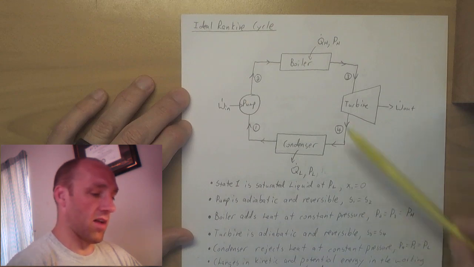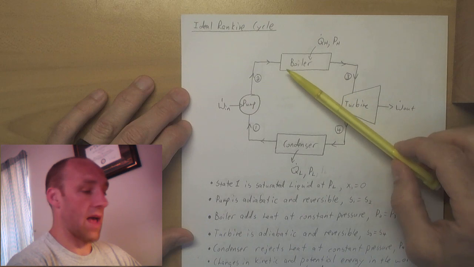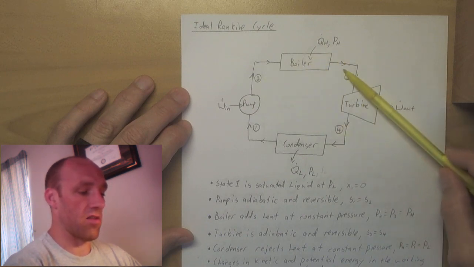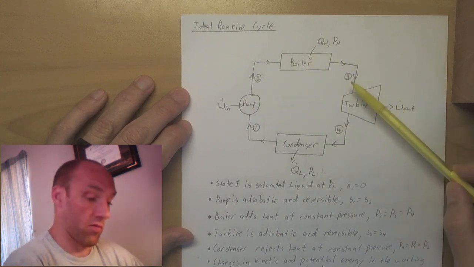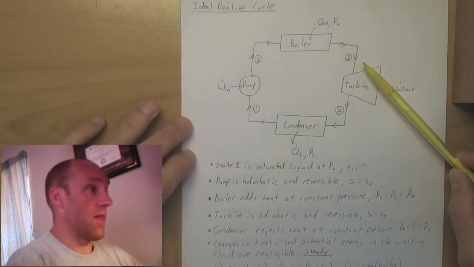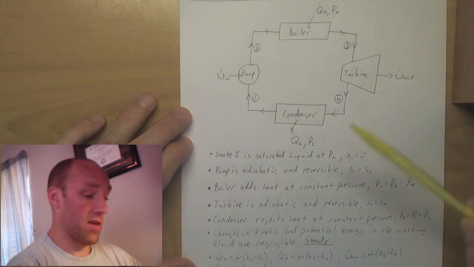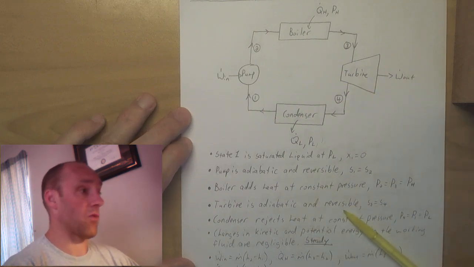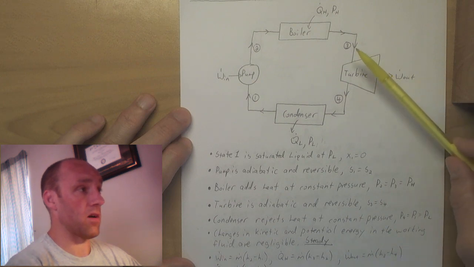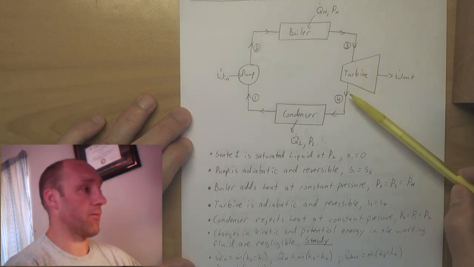Which leads me to my second point: the pressure at states two and three are going to be the same. As this heat is added, it does so at constant pressure in the boiler. Then again, the turbine is adiabatic and reversible, so the entropy is not changing through the turbine.